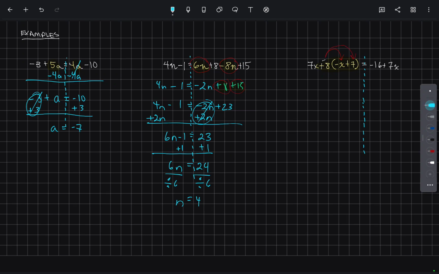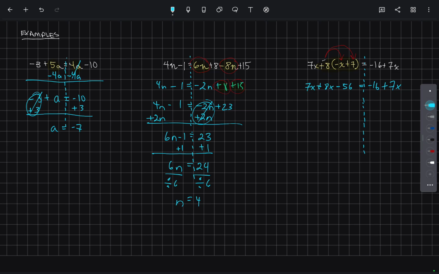I'm going to rewrite the problem. 7x. Okay, so negative 8 times a negative 1x is a positive 8x. Negative 8 times 7 is a negative 56. So now let's take a look and see if there's anything else we can do. Distributive property is taken care of.